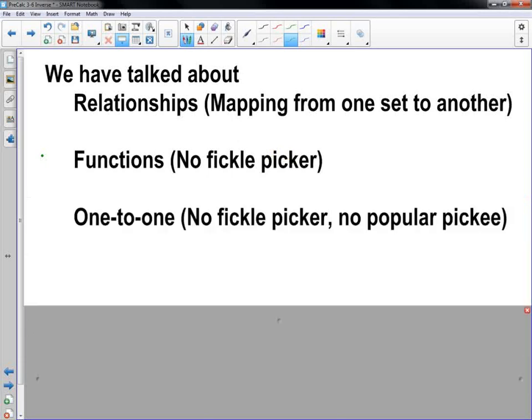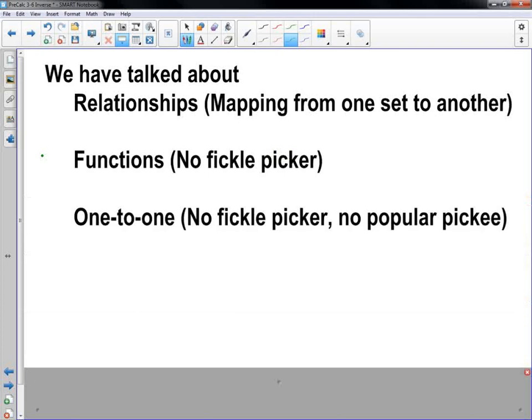Now, what we're going to talk about now is a one-to-one relationship, which is not only for every one x value there's one y value, but for every y value there's only one x value. Okay. Now I think when we talked about functions, we talked about not being a fickle picker, right? And I think in Algebra 2 we used the example of me, Mr. Davis, picking my wife, and I'm not being fickle about that, right?